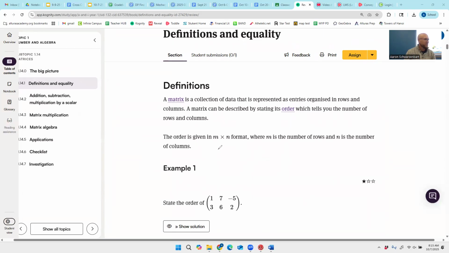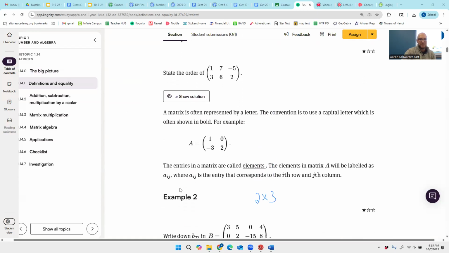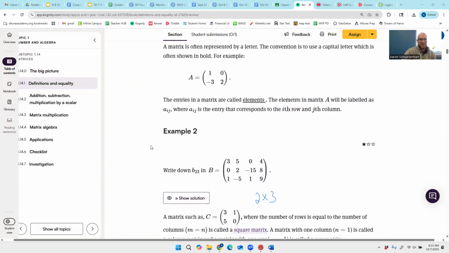Okay, order of a matrix. M by N, rows by columns. So what's the order of this one? 2 by 3.